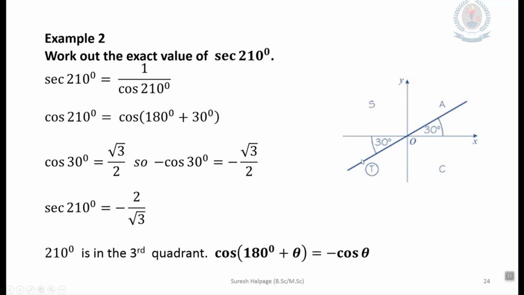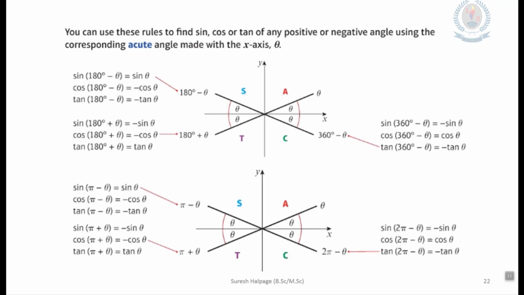Then it is in the third quadrant, where tan is positive and cos is negative, so you need to put a minus sign. Cos of 180 plus theta equals minus cos theta, in the third quadrant.